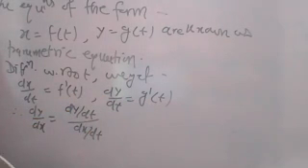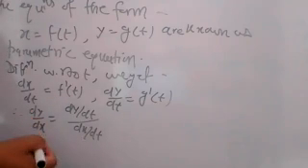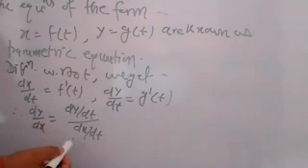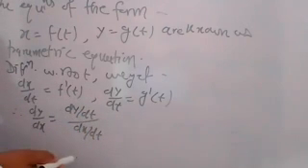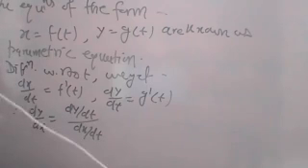So all these are common mistakes done by the students. So be careful while putting the values of dy by dt and dx by dt. The value of dy by dt is in the numerator and dx by dt is in the denominator. Okay.